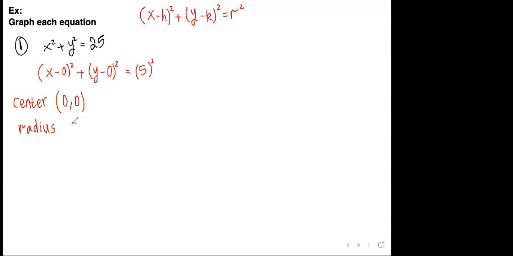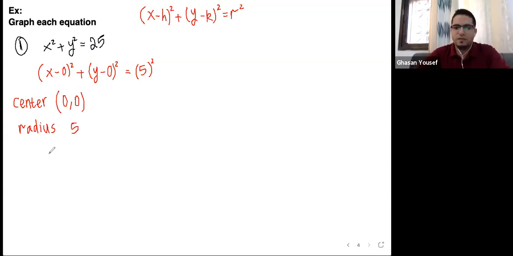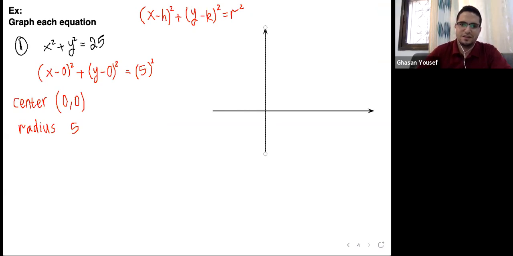Exactly, 5 only. So now I can graph this equation: the center is 0, 0, and the radius is 5. So I graph the Cartesian plane like this. Here is my Cartesian plane.